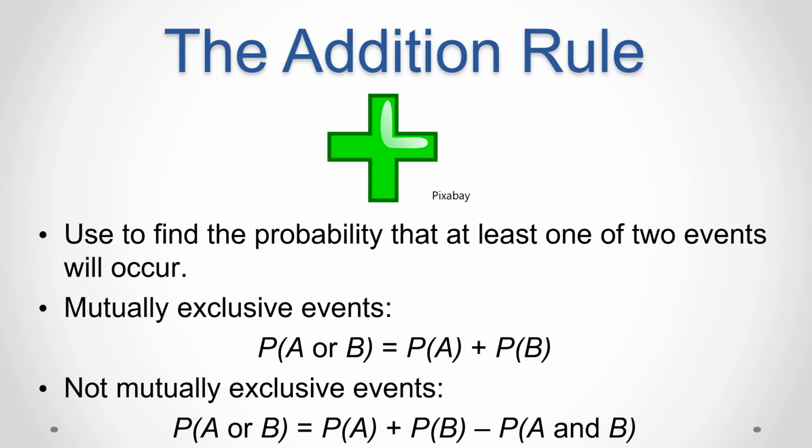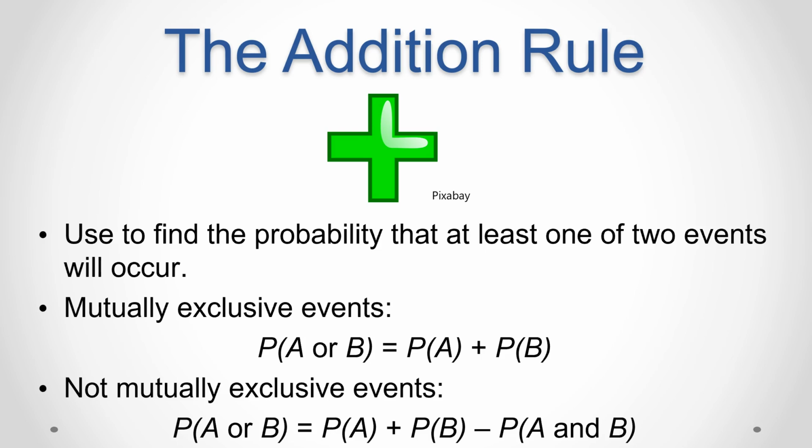So the addition rule for mutually exclusive events is simply probability of A or B equal to probability of A plus the probability of B.